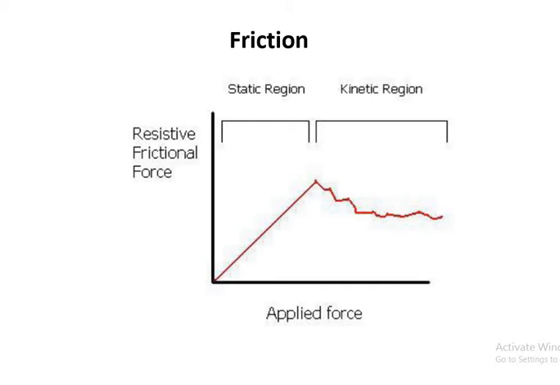Once it crosses that limit, the applied force is more, and when it enters the kinetic region, the resistive frictional force will be less. Why? Because the body is in motion, so the opposing force will definitely be less. So in the static region the frictional force is very high compared to the kinetic region, the kinetic friction.